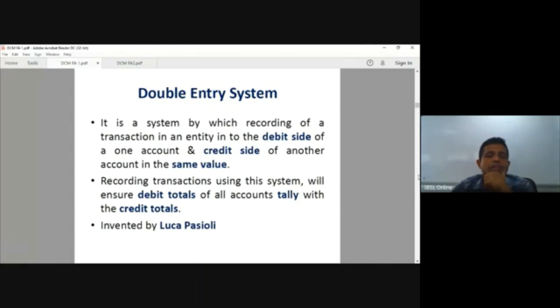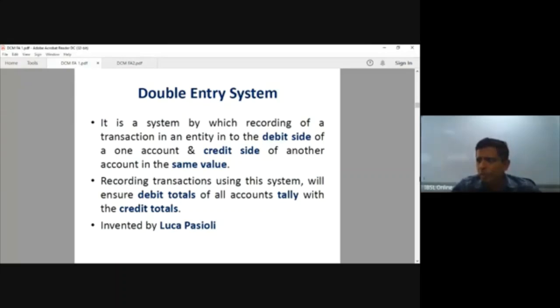Right. This is the area where your attention needs to be in today's lecture. You can see the heading, double entry system.